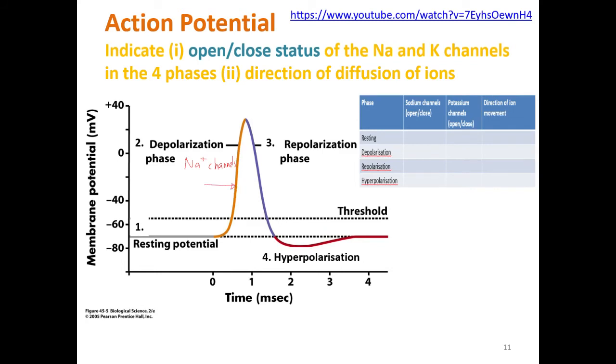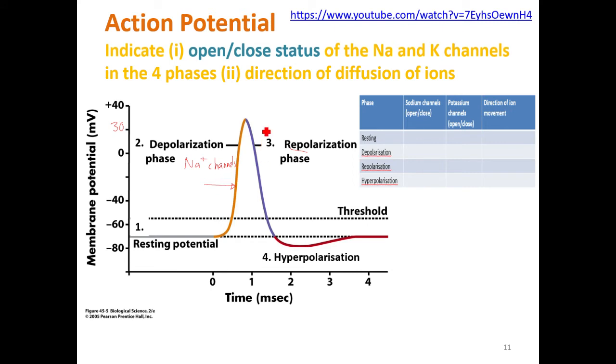This will cause a reversal of the membrane potential from a negative value to a positive value of about 30 millivolts. The next phase of the action potential is repolarization, which is to restore the resting membrane potential.